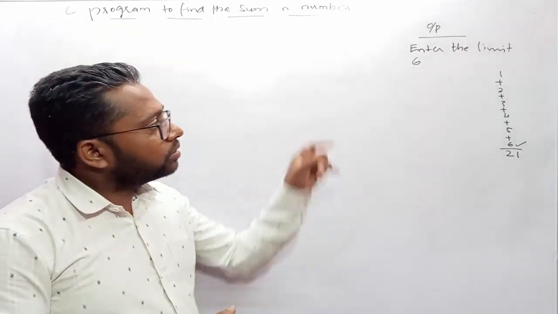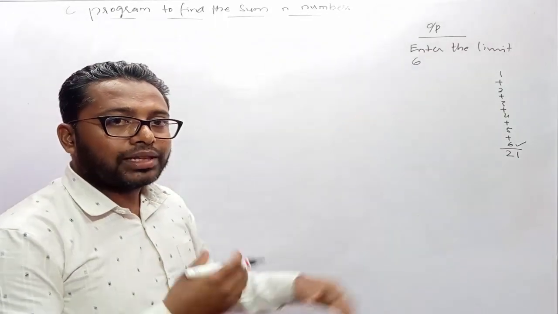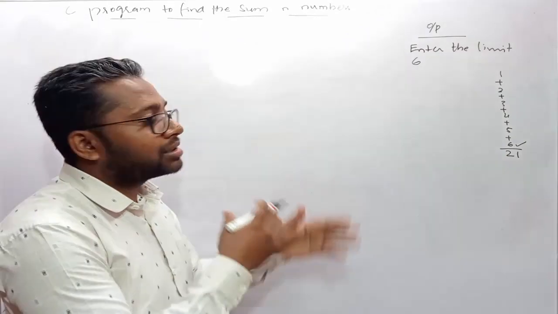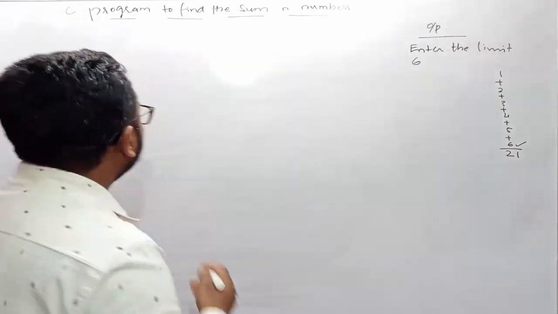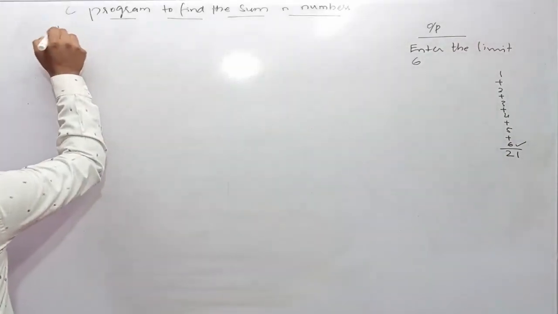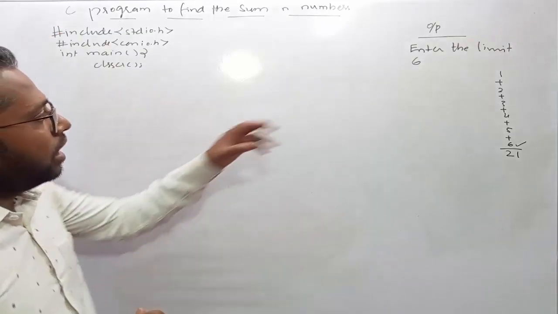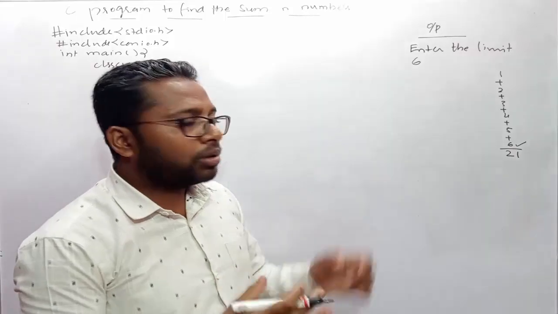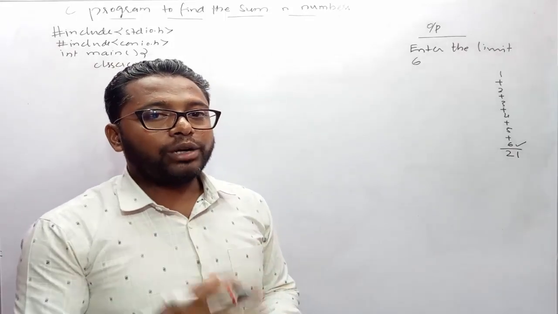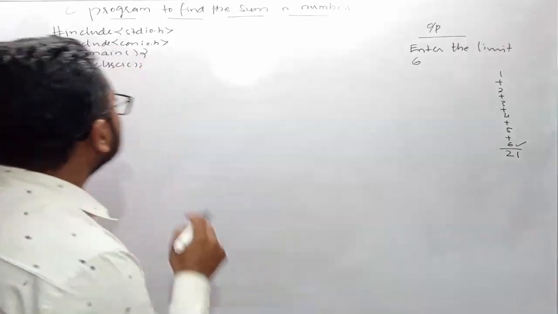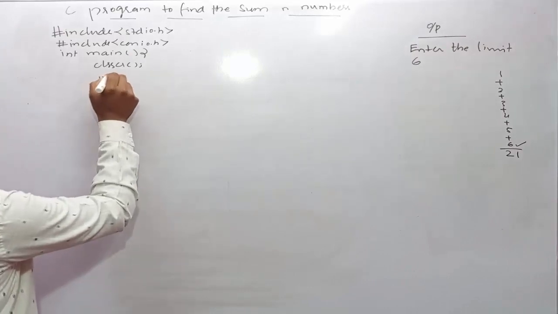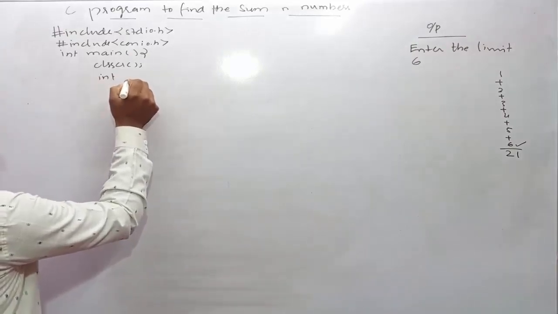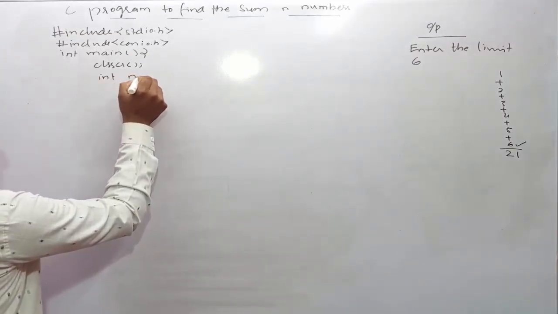Now I have written down the output, and with the help of this output we'll try to write the program. Let us include the header files. I'm expecting one value from the user, and to store that value in the program I need to create a variable. Let us create a variable of type integer, n.